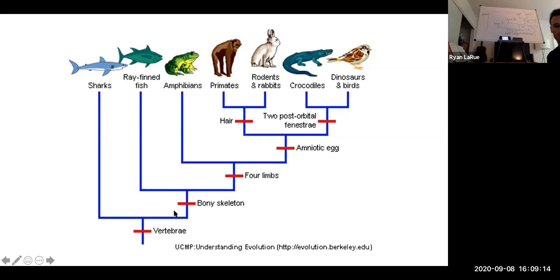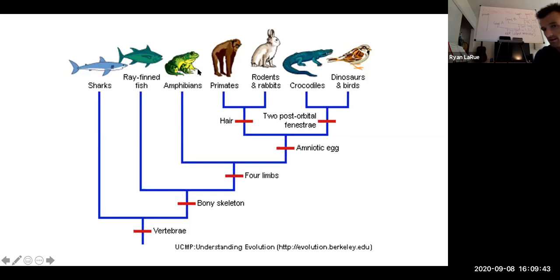So let's say a couple million years go by and a bony skeleton evolves, but then sharks don't have that. Sharks are very ancient. So the bony skeleton comes about, and over time, now it's important to keep in mind, remember that this is the present, right? So maybe sharks did exist back then, but amphibians might not have.